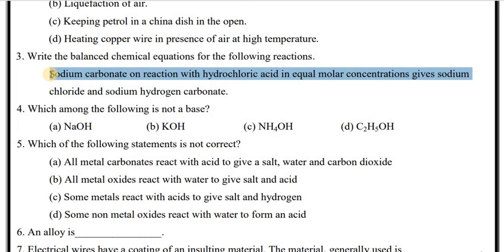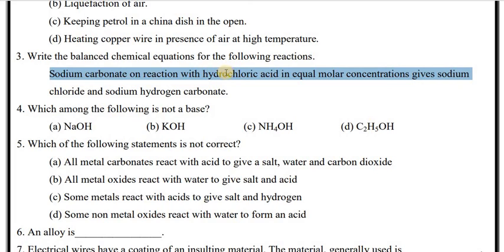So the question is sodium carbonate. First of all we need to know the chemical formula of sodium carbonate, then we can write it down and go further. So sodium carbonate reacts with hydrochloric acid.